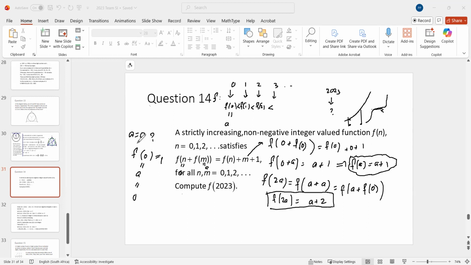This is impossible. So a is not 0. It actually turns out that a is 1. I'm going to prove this, but that is not intuitive. I'm trying 0, and I'm going to try 1.